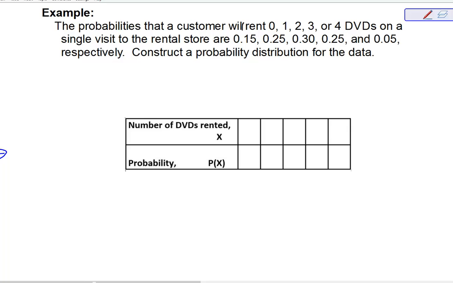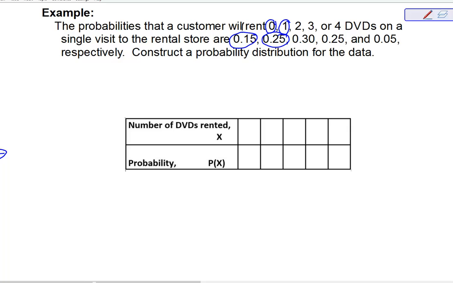What that means is that the probability that a person will rent 0 is going to be 15 hundredths. Probability that a person will rent 1 video is going to be 25 hundredths. Respectively just means in the same order.